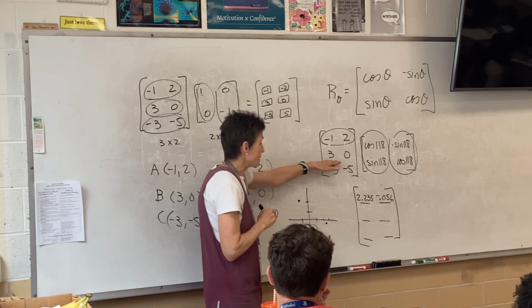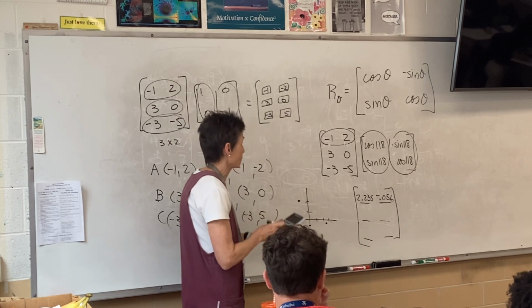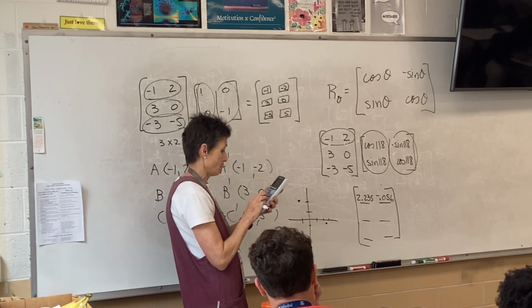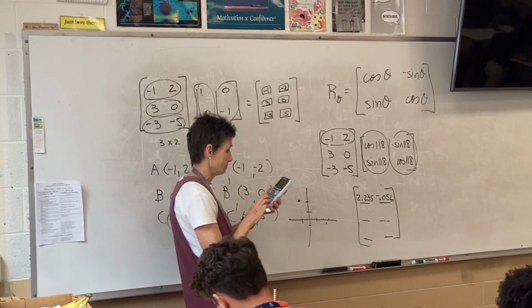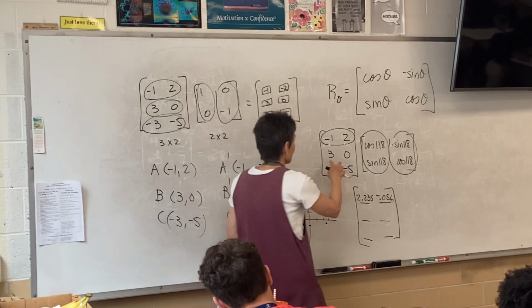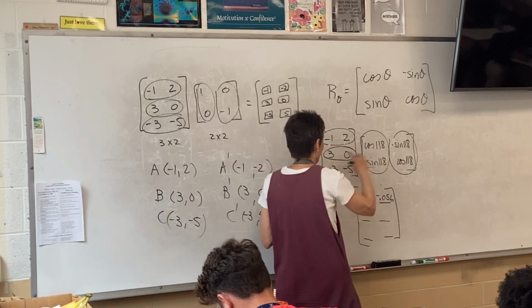All right, now take 3, 0 and rotate it. So now you're taking this row times this column.